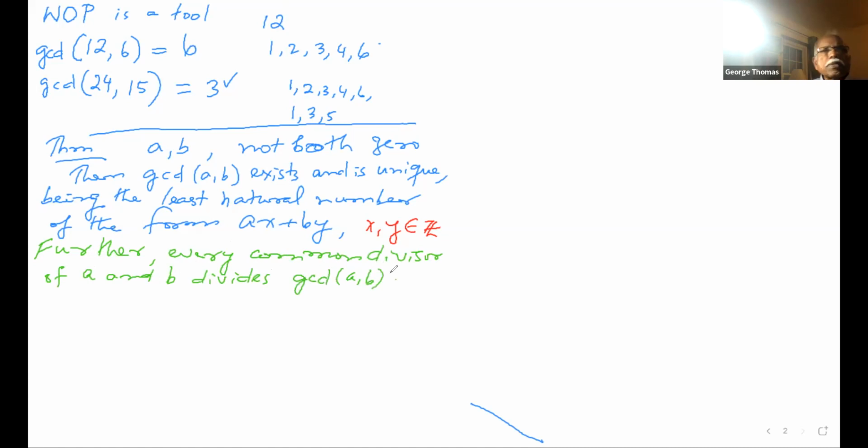The greatest common divisor is divisible by any common divisor of the two numbers. That is the theorem we are going to prove. And because you have already seen the proof of the division theorem, this is not going to be so difficult.